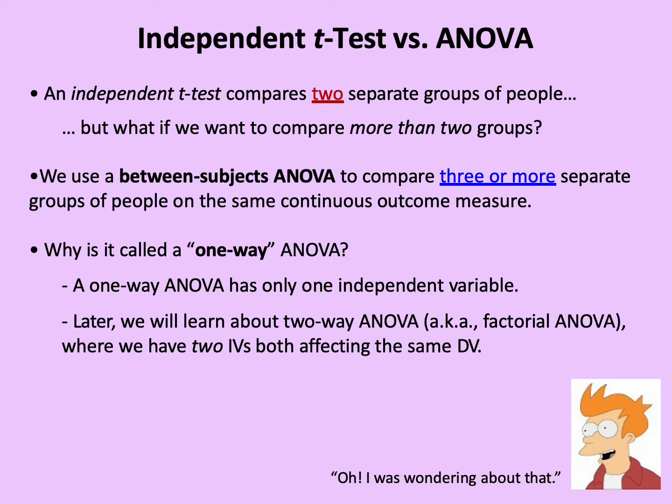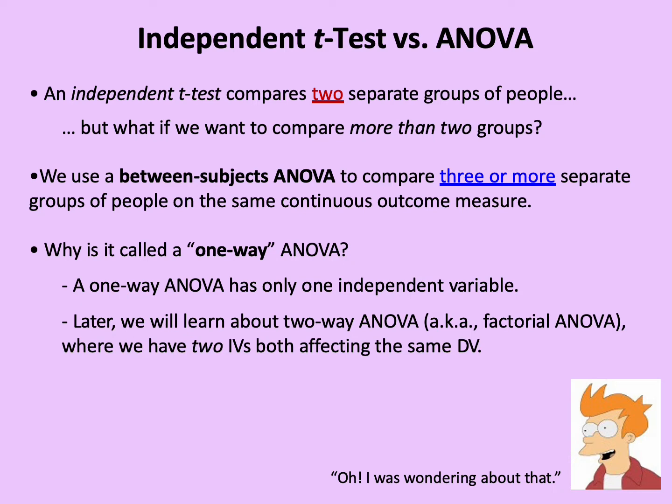With the independent t-test, we have 2 groups of people performing a task at the same time, and we're comparing performance between those 2 groups, whereas with the one-way ANOVA, we now have 3 or more groups that are completing the same task or dependent variable.